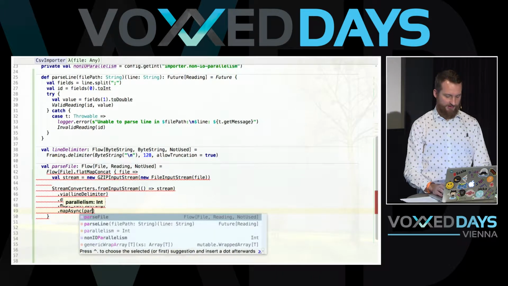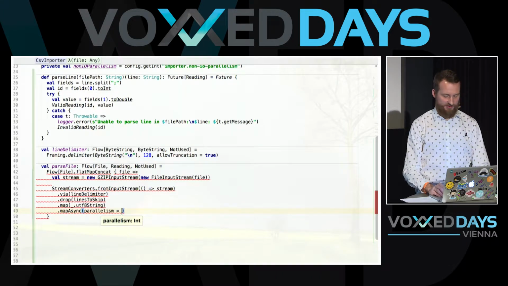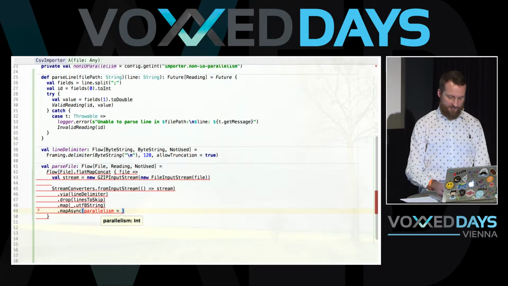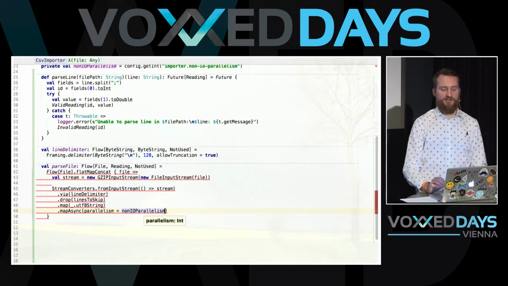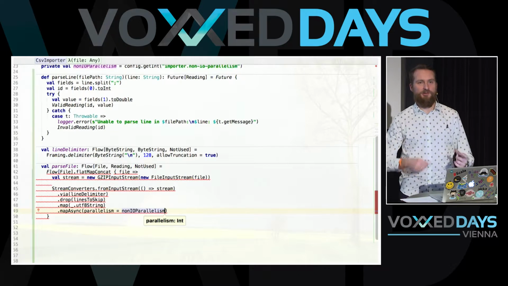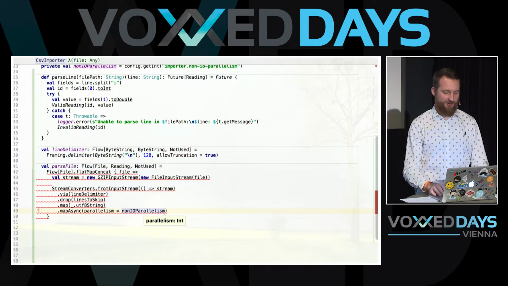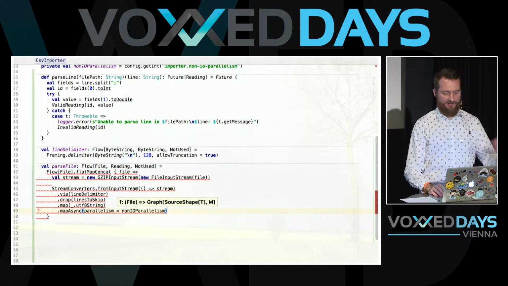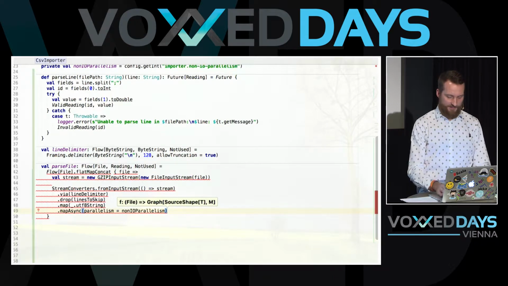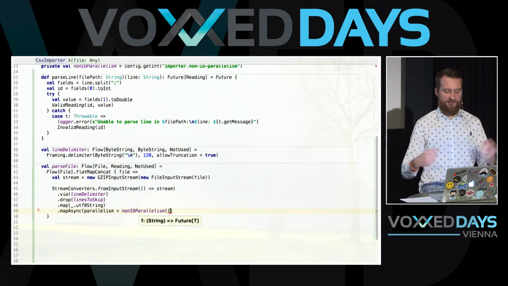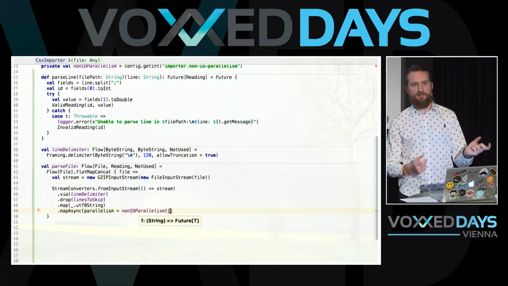It's also a partially applied function. It takes the parallelism level. And for our non-IO operations, we have a config parameter called non-IO parallelism. So this is for all the operations that don't require any resources like disk or database. And then we need to pass the actual function that takes a string and returns a future.